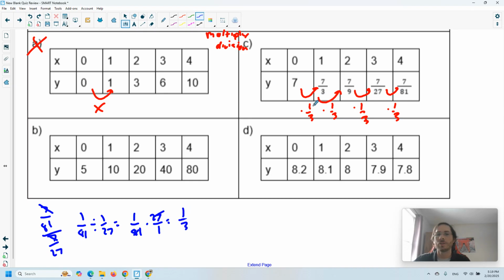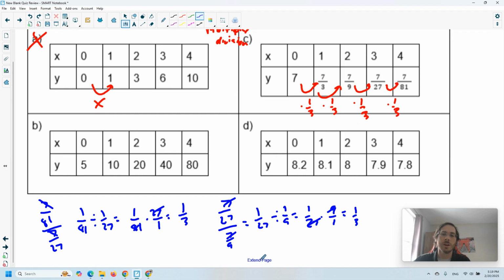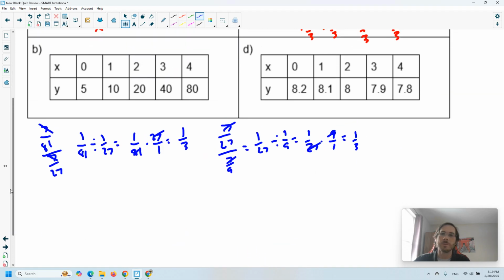Now we need to check to make sure all of the others do the same thing. 7 over 27 over 7 over 9. 7s cancel, so we get 1/27 divided by 1/9, which is 1/27 times 9 over 1, which is 1/3. Then we'd have to check the next one. So we have to check all of them to make sure that they're all the same.